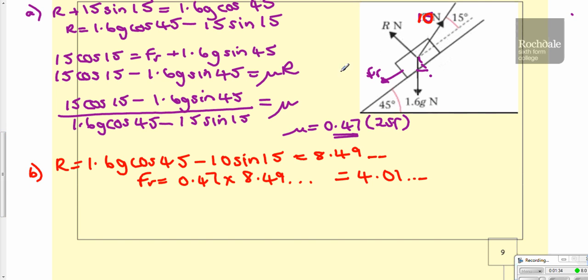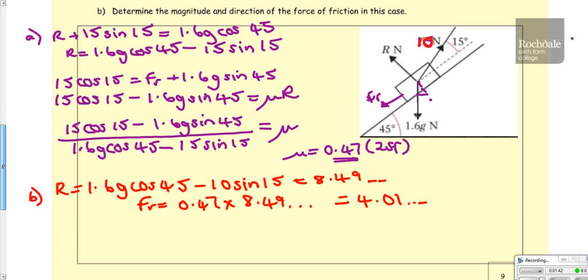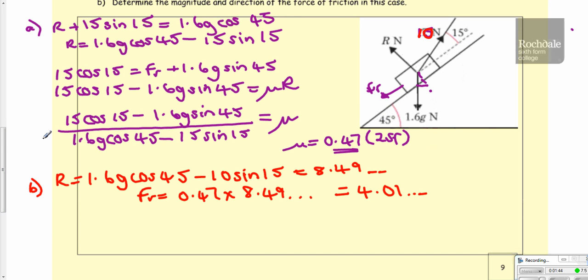So we now know the value of this frictional force, and the question is, determine the magnitude and direction of the force of friction in this case. Well, we've worked out its magnitude is about 4 newtons, but what we need to work out is which way it would be acting. So what we need to look at is the other forces that are acting in this situation.